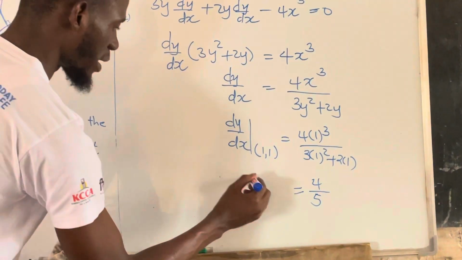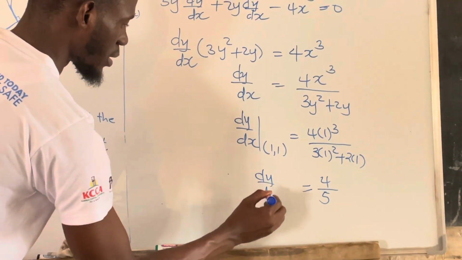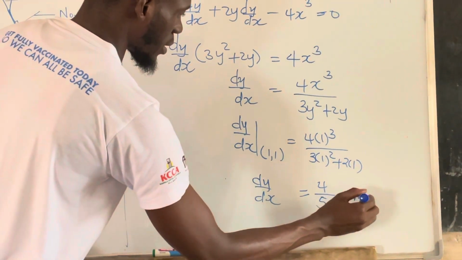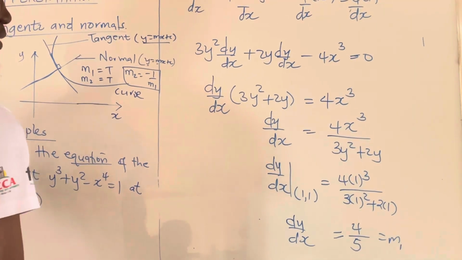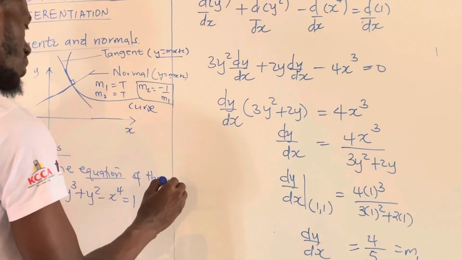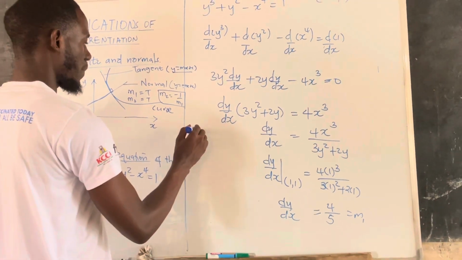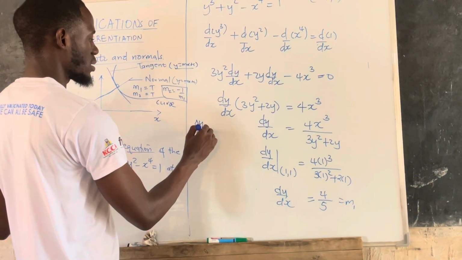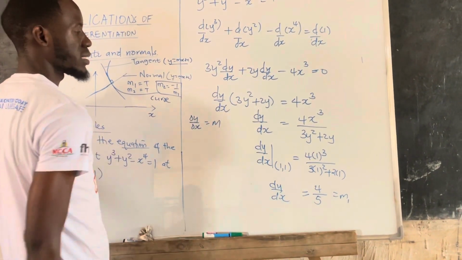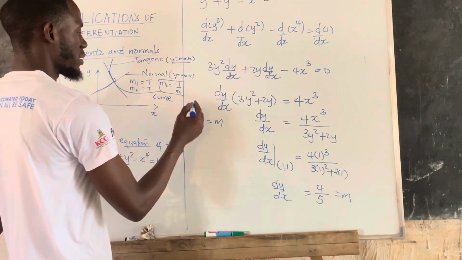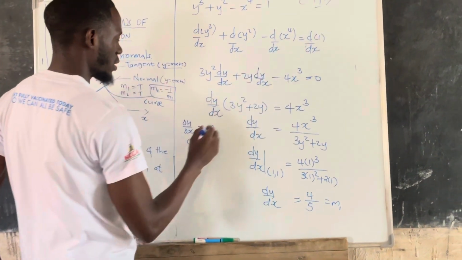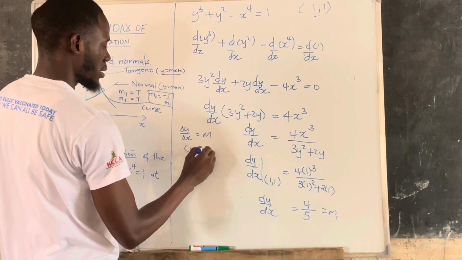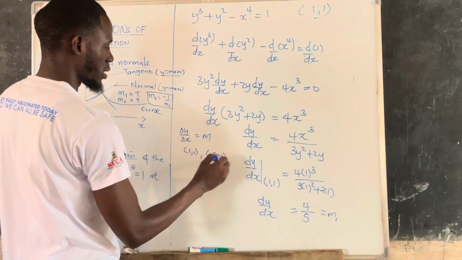So this is the gradient, but it is not the equation of the tangent. So how do we get the equation of the tangent? We can simply substitute in this formula. We say that change in y by change in x is always equal to the gradient m. We are considering a given point which is (1, 1). Then we are also introducing our point (x, y).